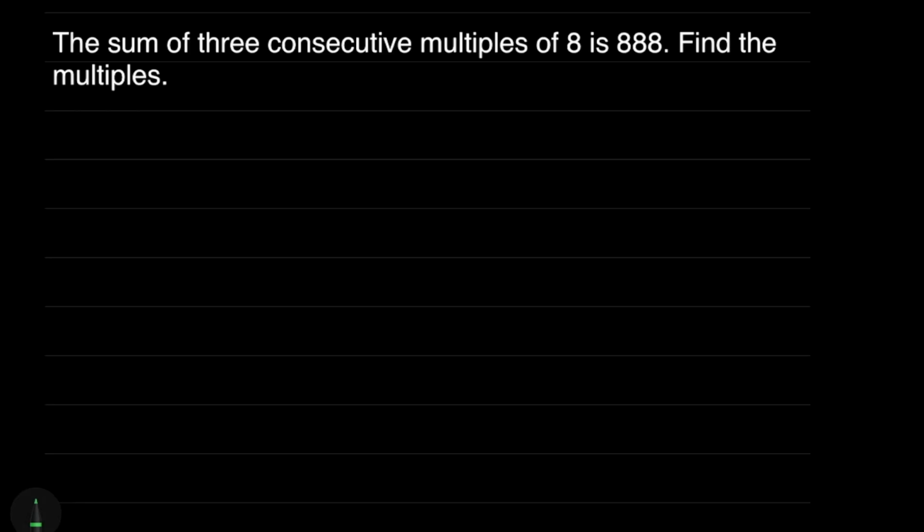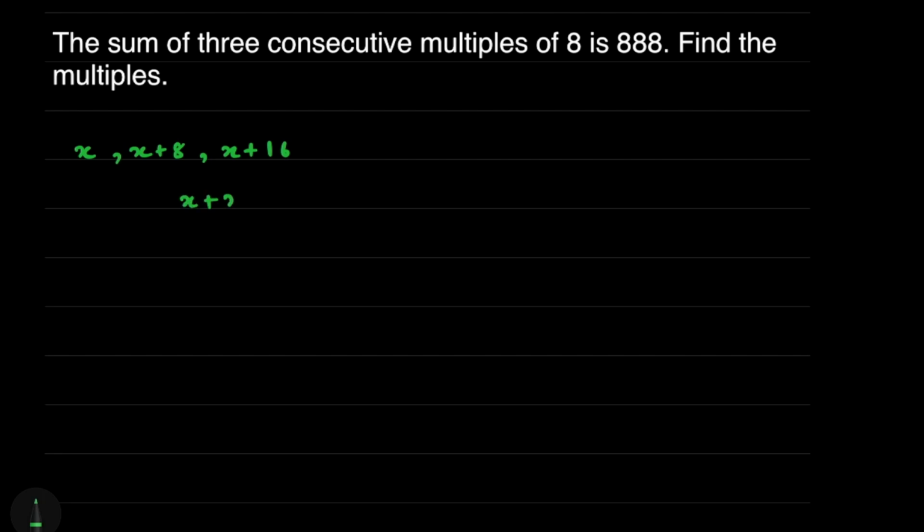Let's try another one. So now in this question, it says that the sum of 3 consecutive multiples of 8 is 888. Then we have to find the multiples. So let's take the 3 consecutive multiples of 8 as x, x plus 8, and x plus 16. And the sum of these 3 numbers would be 888.